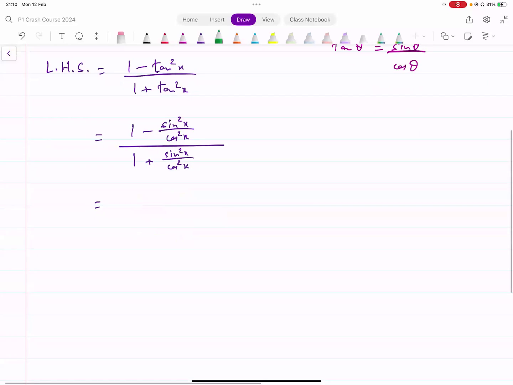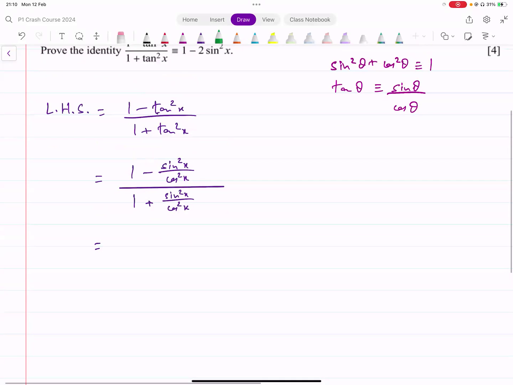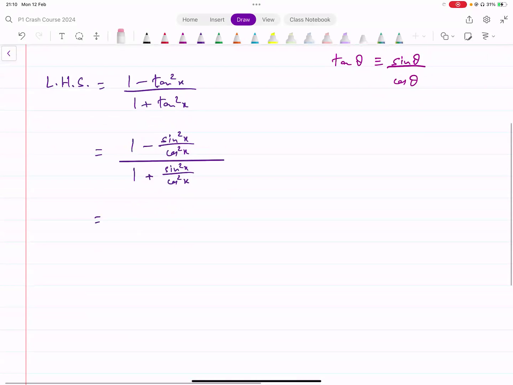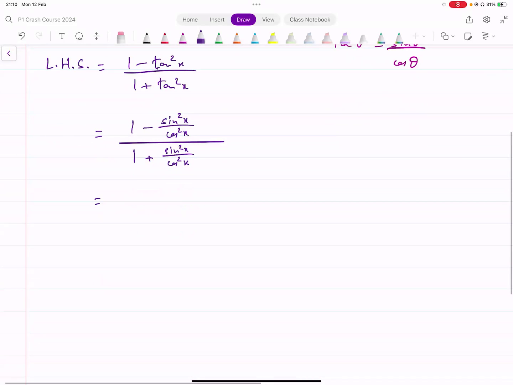Okay, so sometimes you end up doing something and you get stuck and you can't figure out what to do. So what you have to do at that point is take a few steps back and maybe take another path from there. So all of these things are going to be relevant when we do this. Okay, so now in this case, what we did was we converted tan to sine over cos. What do we do now? We can take LCM in the numerator and in the denominator. How do we do that?